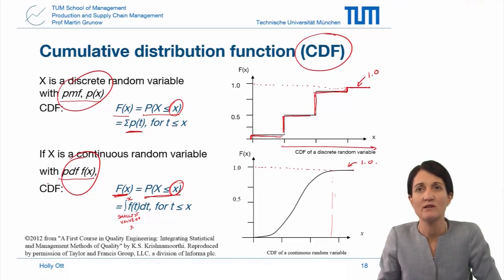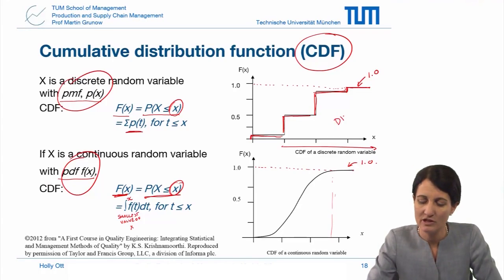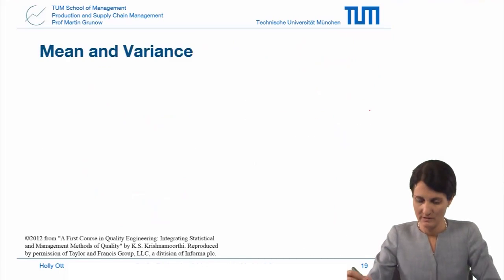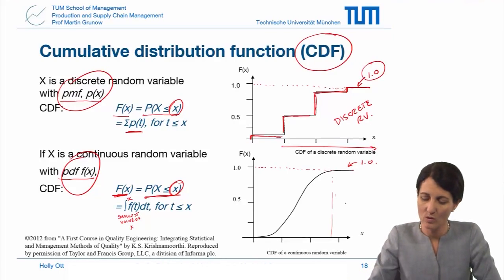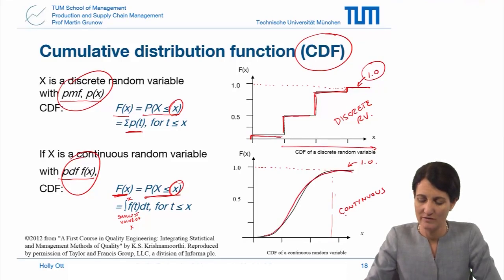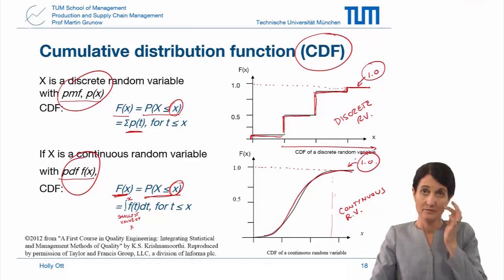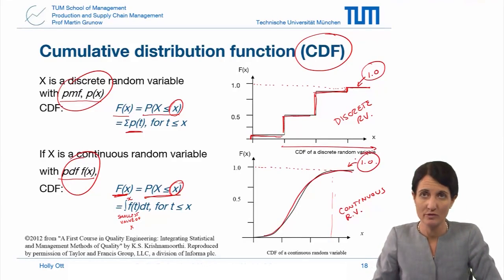And as x gets bigger, you sum the probabilities. This gives you either a step function for a discrete random variable, which goes up to 1, or a continuous curve. This is a monotone increasing curve for a continuous random variable, also going to 1. So this is an important concept that we'll also be using later in the course.